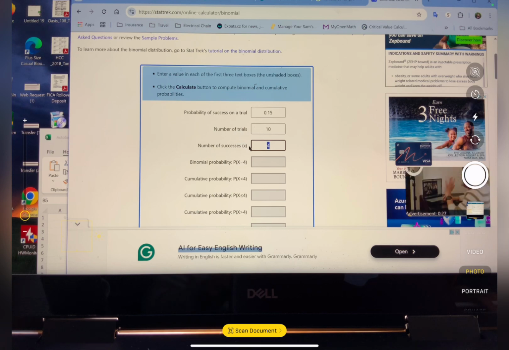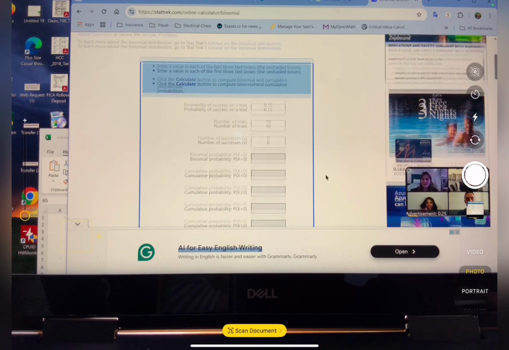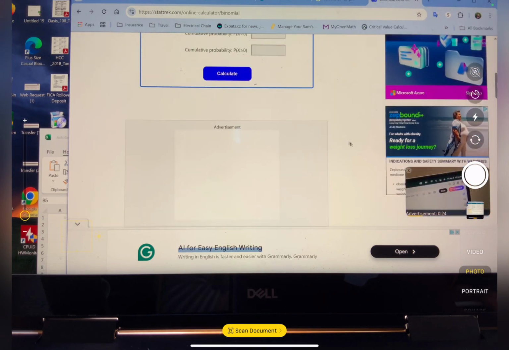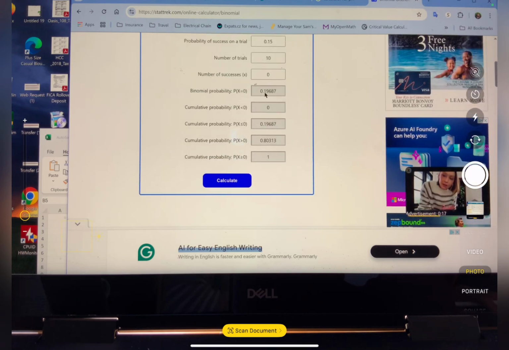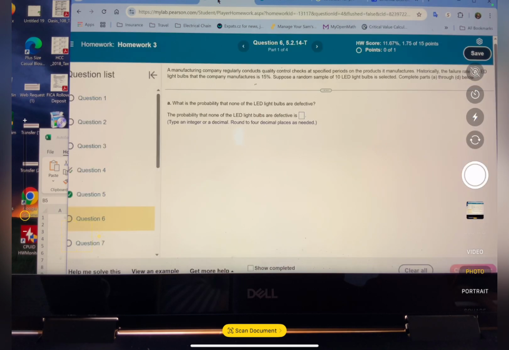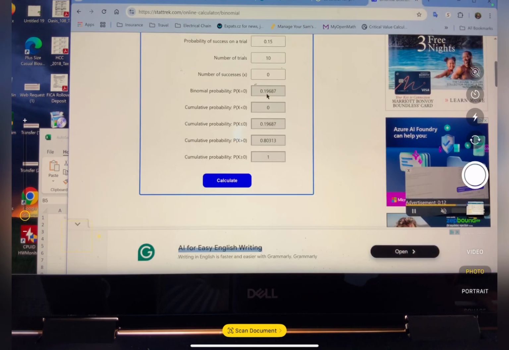None of them is defective. And the calculation is 0.1969. How many decimals? 4. Okay.